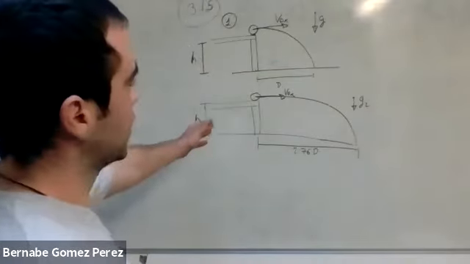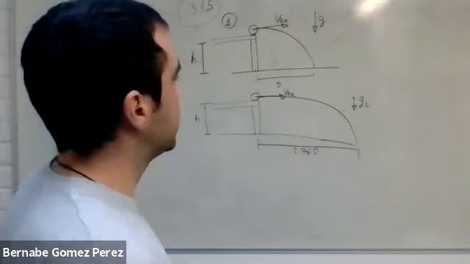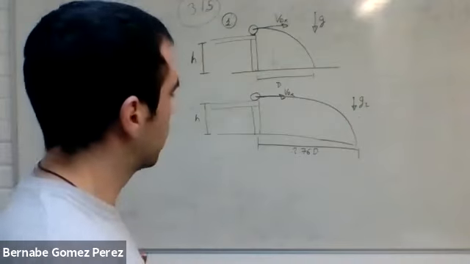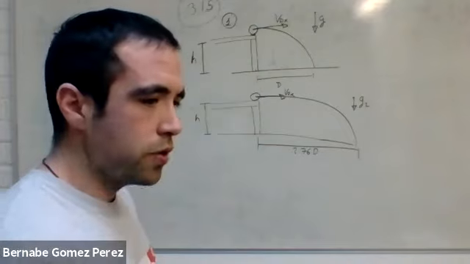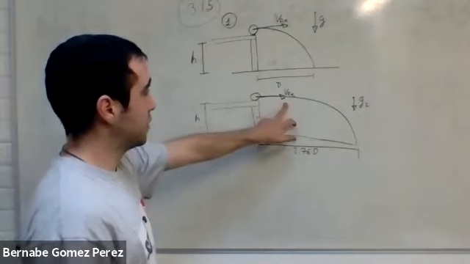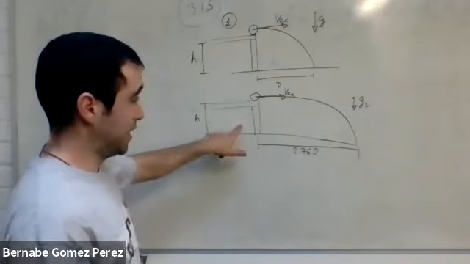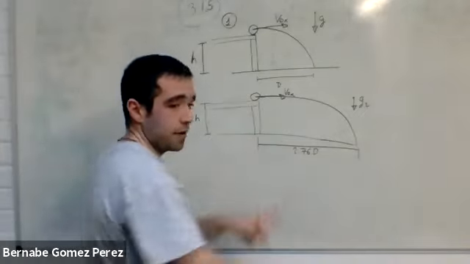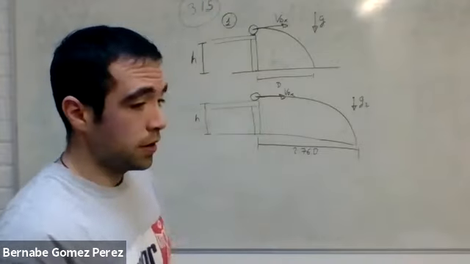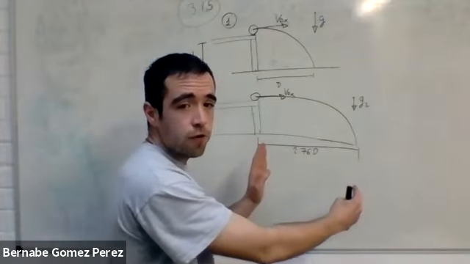First of all, when I look at the sketch, the first thing that I can say about G2 is that I think it's going to be smaller than G. Okay, why do I reach this conclusion? If both have the same velocity in the x direction, but the second one reaches way farther, it means that with the same speed, it's going to take more time to reach the floor, okay?